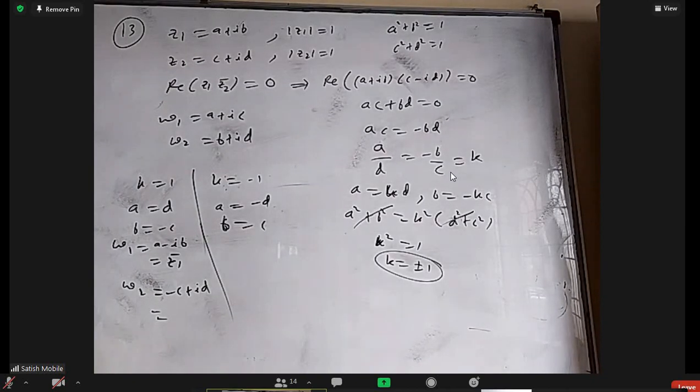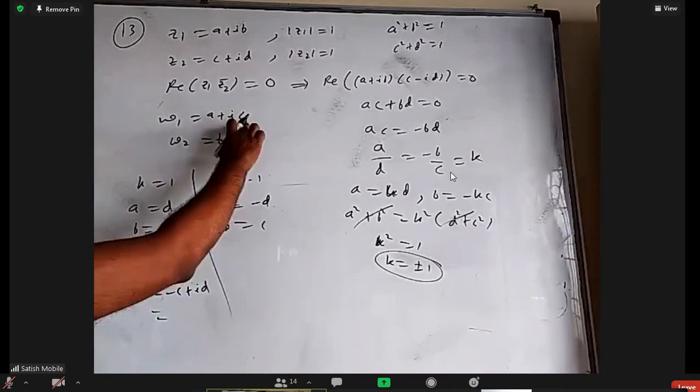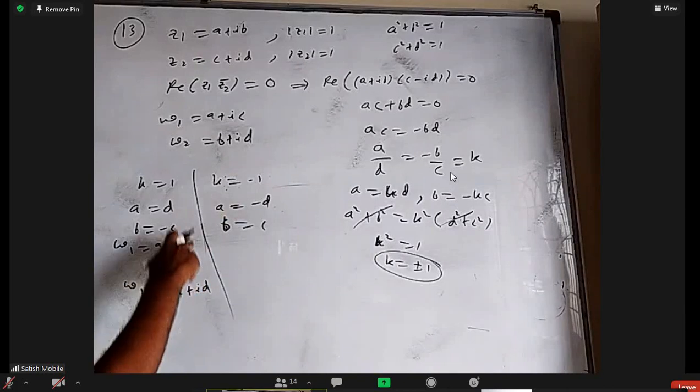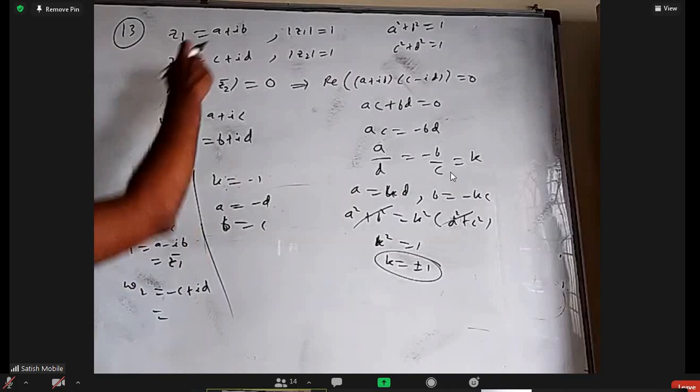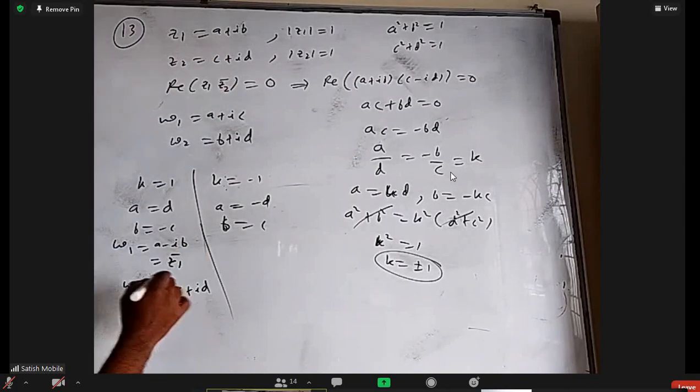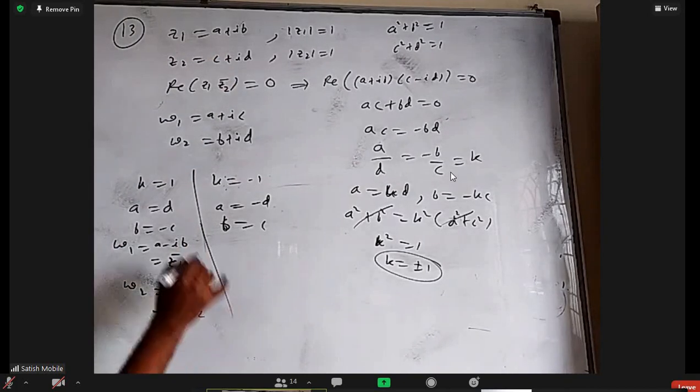With Z2, in the place of C I wrote minus B, and in the place of D I wrote A, so this is minus Z2 conjugate.